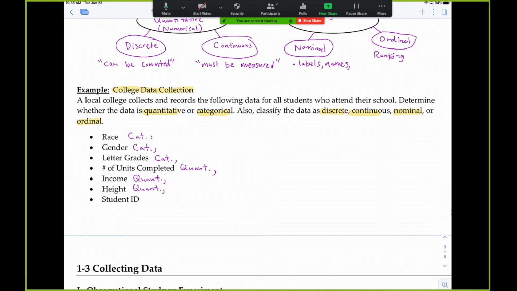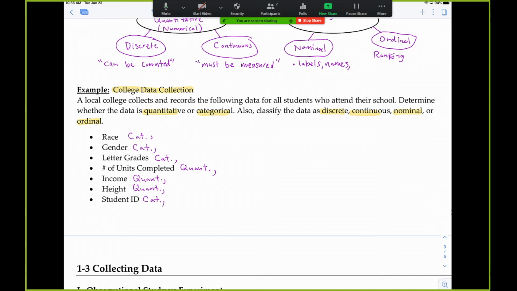This last one's a little bit tricky: student ID. So for student ID, I'm going to say that it's categorical. Take a moment to think about why it's categorical and not quantitative. Well, you might say, they're numbers, right?